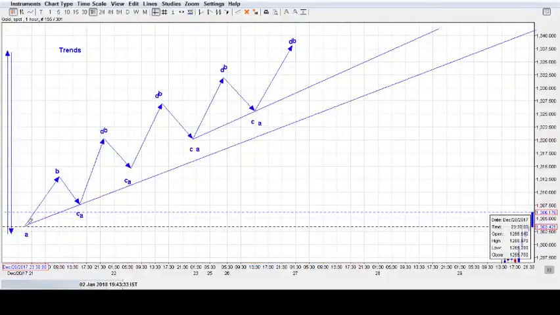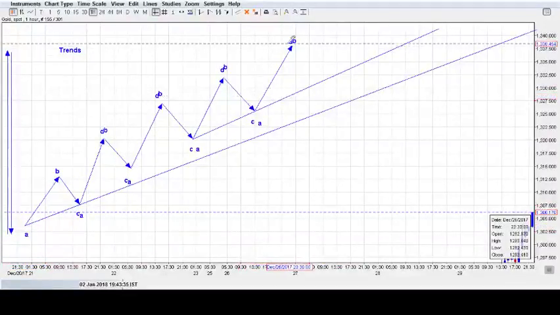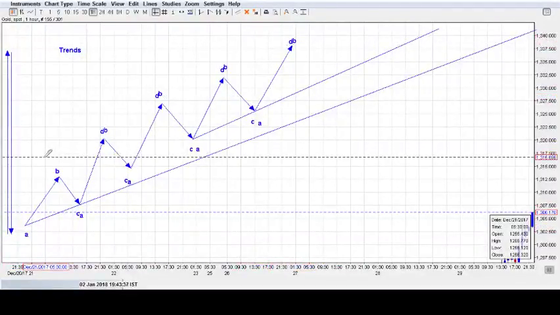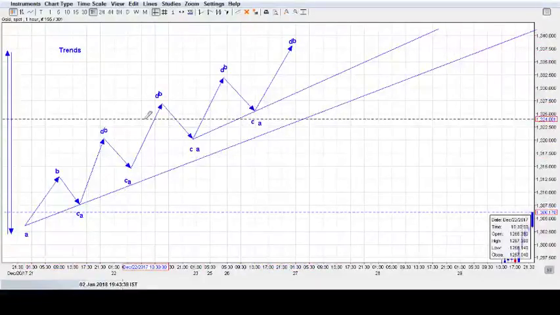Which path? The path between the first A and the last D. So in the entire path you don't cut a candle. Simplified, for the last wave you connect A and C without cutting a candle. That's your internal trend line, and the other one is your external trend line.